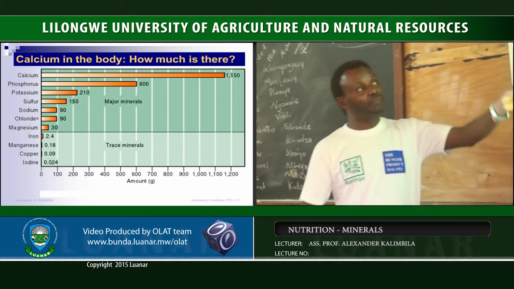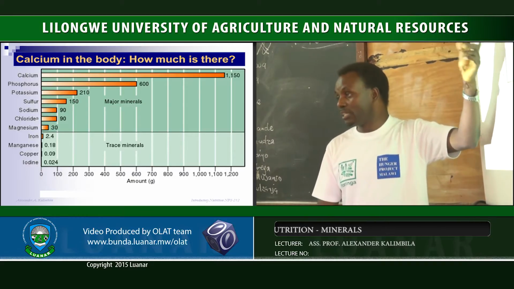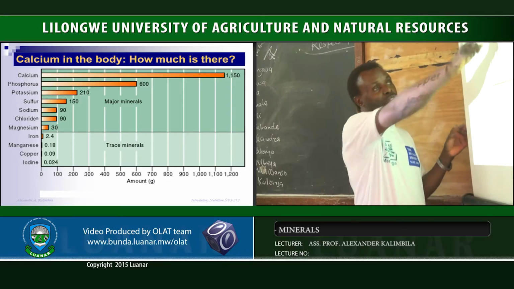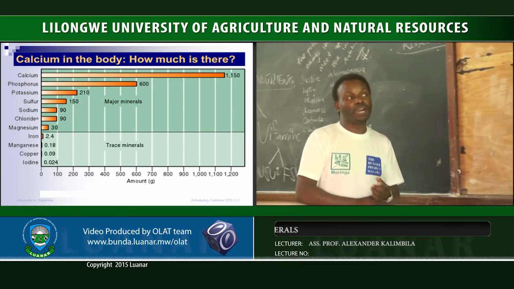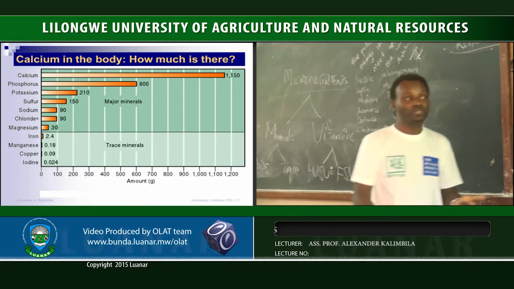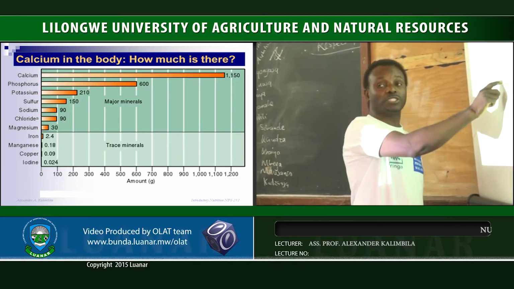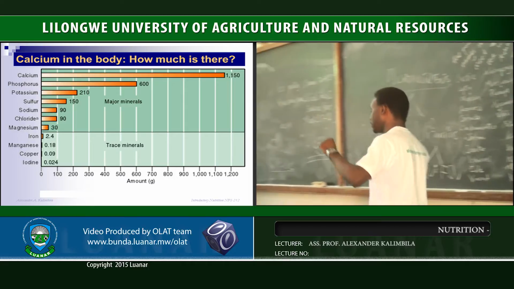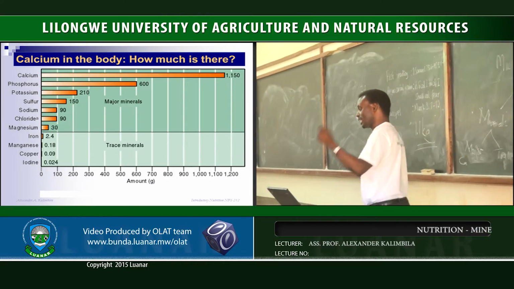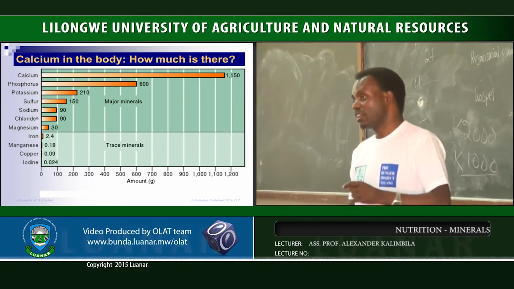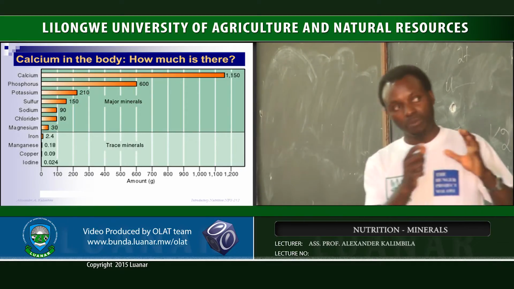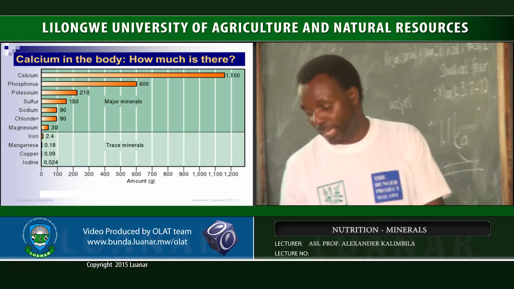Notice among the trace elements, the only one that appears a little bit is what? Iron. Just a tiny little bar, 2.4 grams. Iodine, you don't have 0.2, you have 0.024. A tiny little amount. But let me tell you, that tiny little amount when it's deficient, the results are devastating for life. And that's what I will show you in terms of evidence.